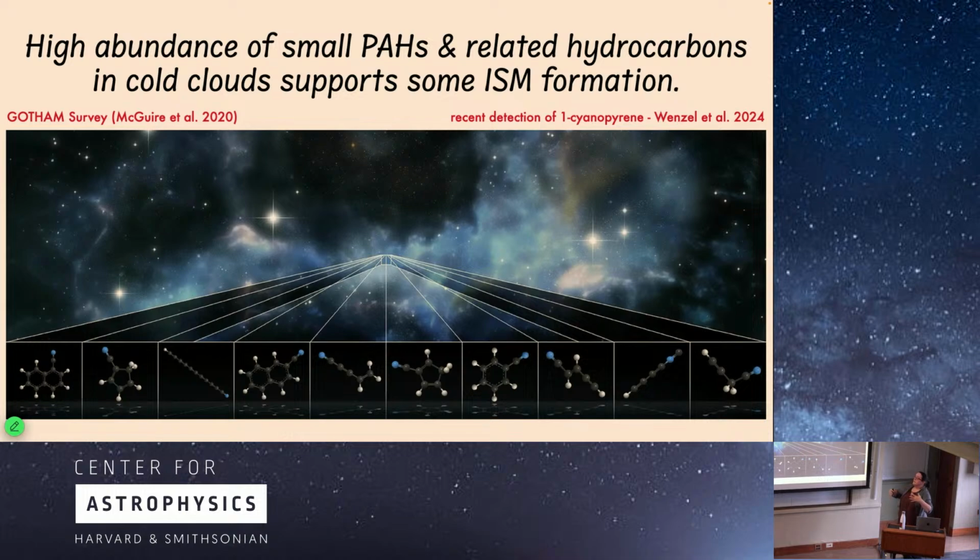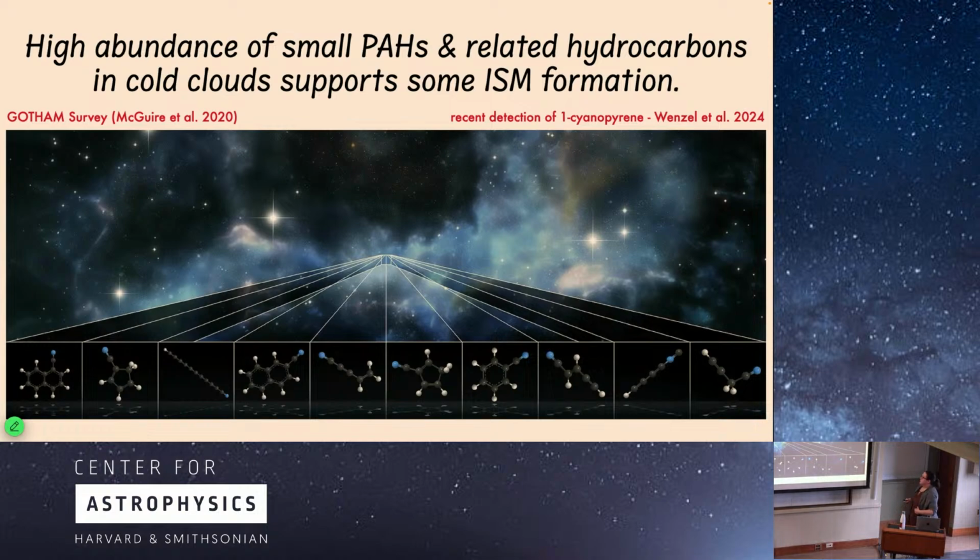So basically the picture is that we don't have a clear path. It's probably some combination of all of these things at some level, but it would be great to understand more about where these dust grains that control so much of ISM physics come from, and then how they are destroyed.